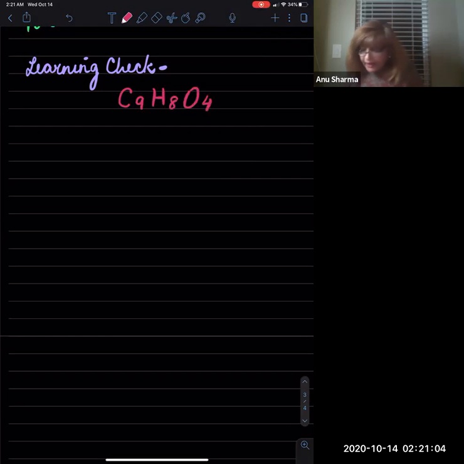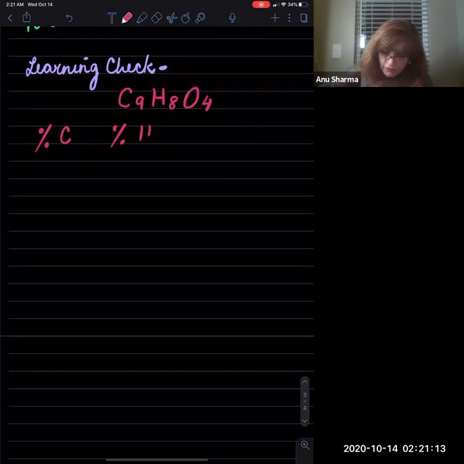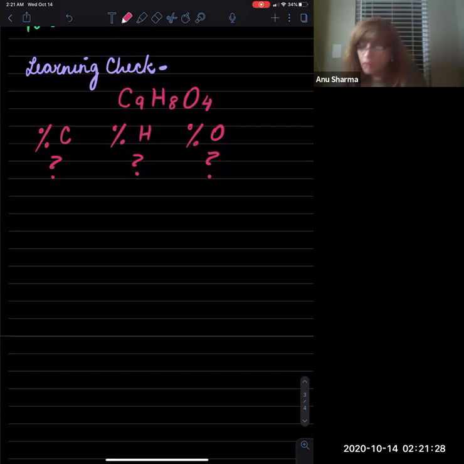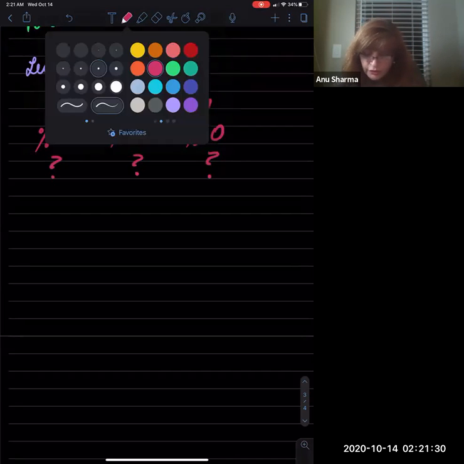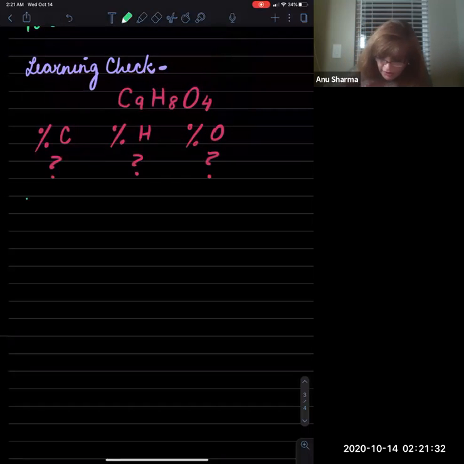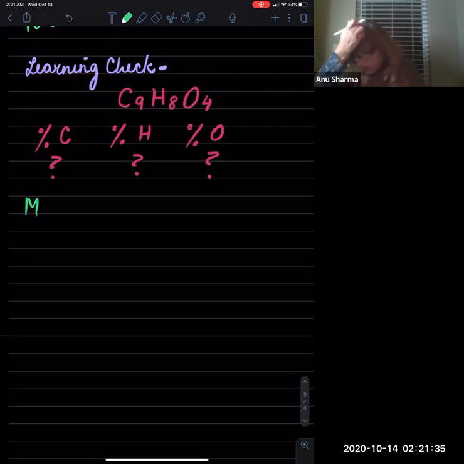In this molecule, calculate the percentage composition of carbon, the percentage composition of hydrogen, and the percentage composition of oxygen. You are just given this particular molecule.